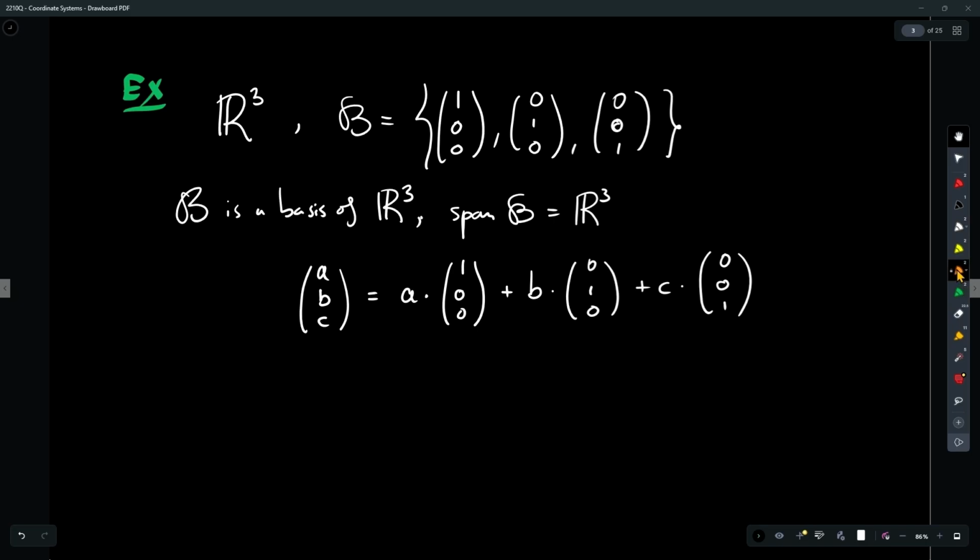But what I want to emphasize here is that this is a unique expression.